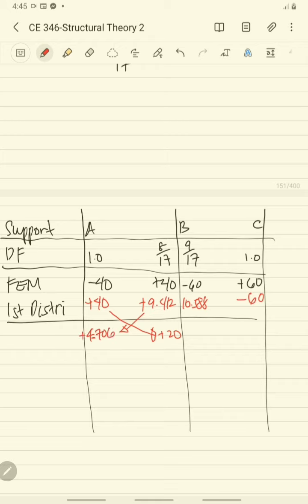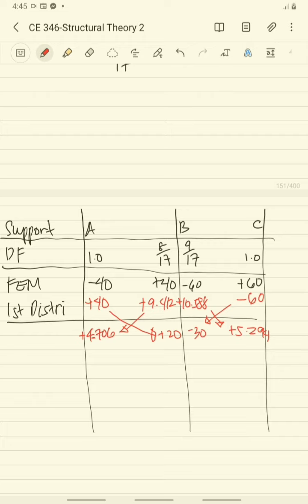Then 10.588 divided by 2 is 5.294, also positive. Then for the 60, that is negative 30, 1/2 of 60.